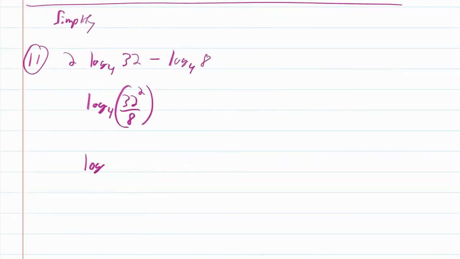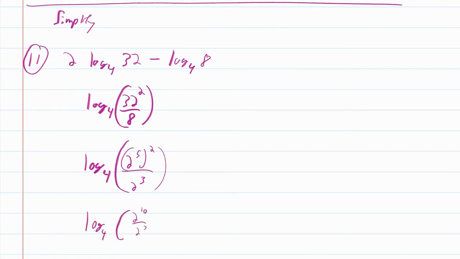If I move everything into exponents, I have 32 is the same as 2 to the 5th, squared, over 2 to the 3rd. So this is the log base 4 of 2 to the 10th over 2 to the 3rd, which is the same as the log base 4 of 2 to the 7th.